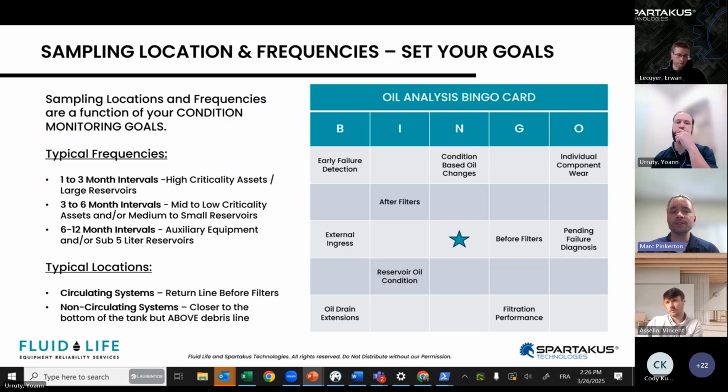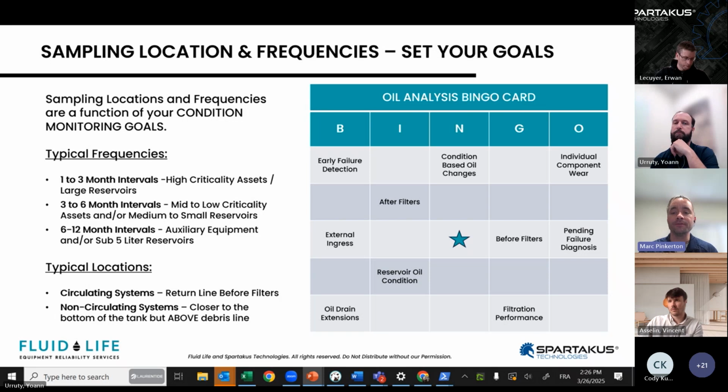We'll look at some general guidelines here, but I've decided I want to sample some assets. How often should I sample? Should I sample once a week, once a year? What should I do? For very large reservoirs where it's costly to change oils out, or your highest criticality assets, we would recommend anywhere between 1 and 3 months in terms of sampling frequencies.